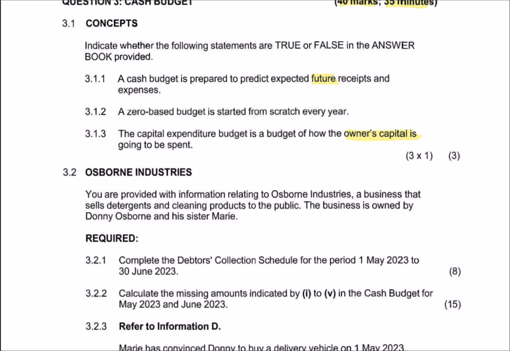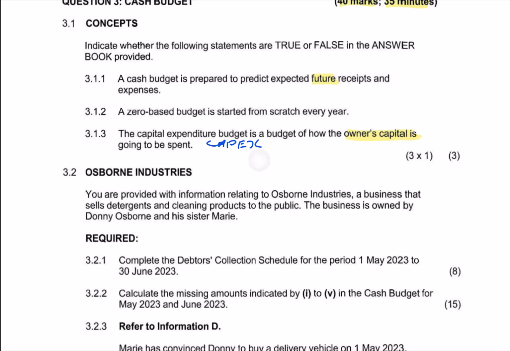As you progress in accounting, you'll find it referred to as capex. If they refer to something as capex, it basically means capital expenditure. You get to hear this term a lot as you progress with your accounting career. So this will be false.